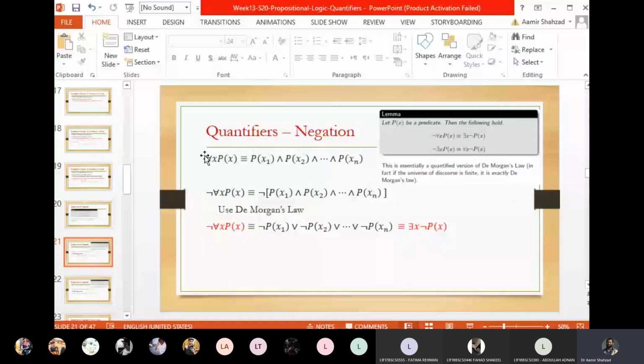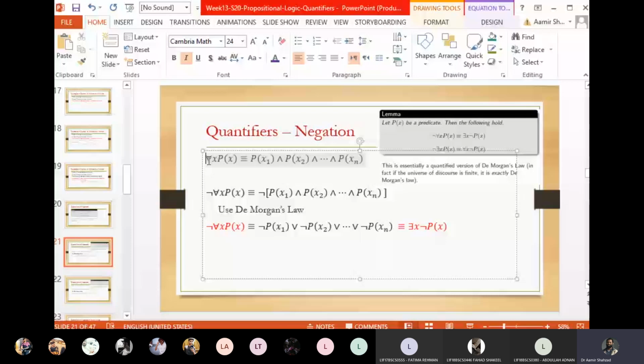So for all x, p of x. So it means this is our conjunction. For all x, p of x means it is true for p of x1, and it is true for p of x2, and it's true for p of x3, and it's true for p of xn. So it's true for all values, AND operator है.